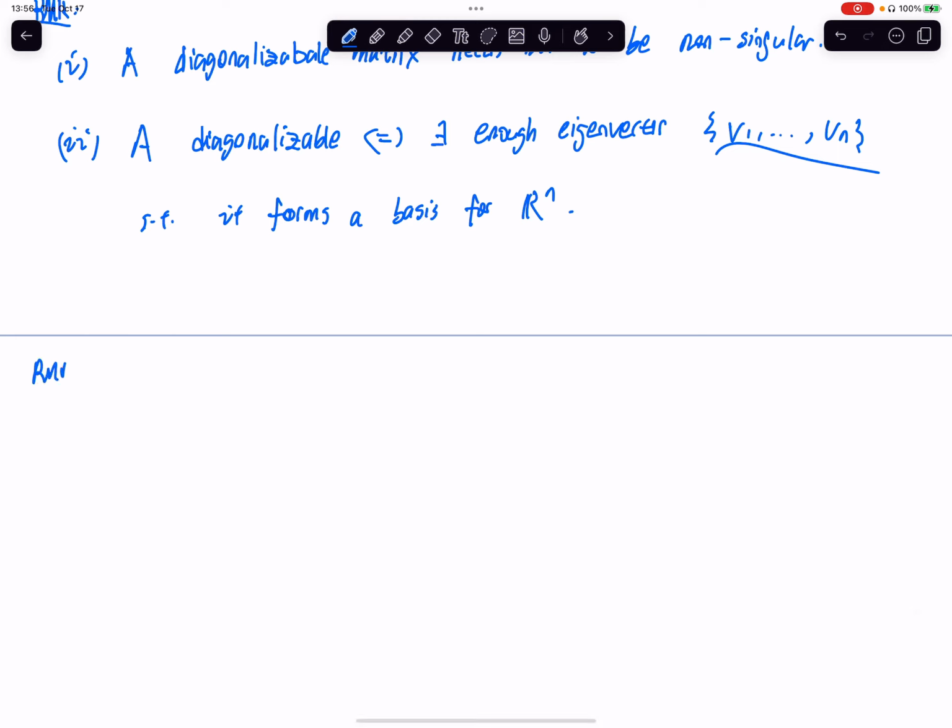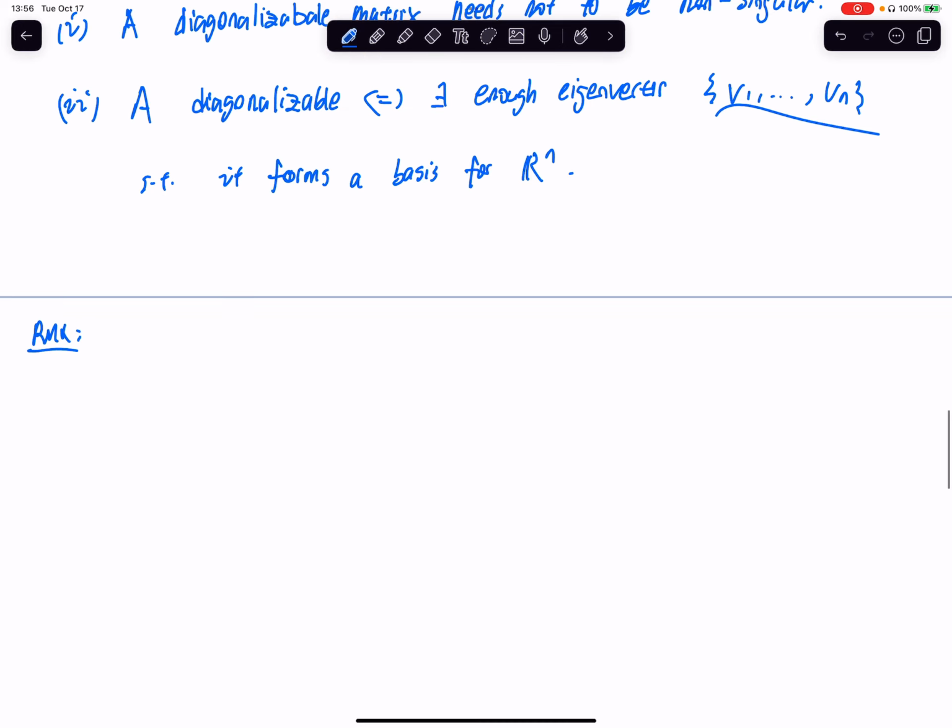If we regard our matrix as a linear operator, that is T of v equals Av for v some vector, and T is the linear transformation with A its corresponding matrix, then what is the column space? We know that it is the range of the linear operator. So the column space of A is just the range of T.